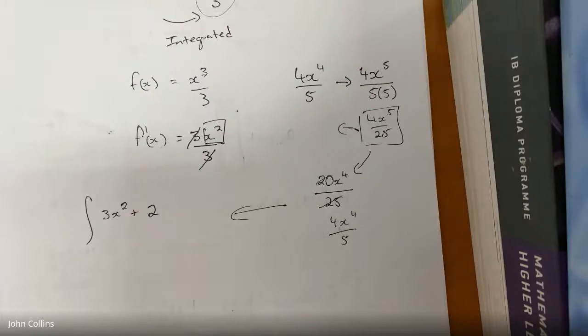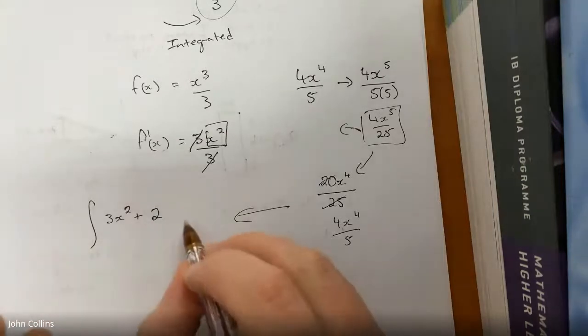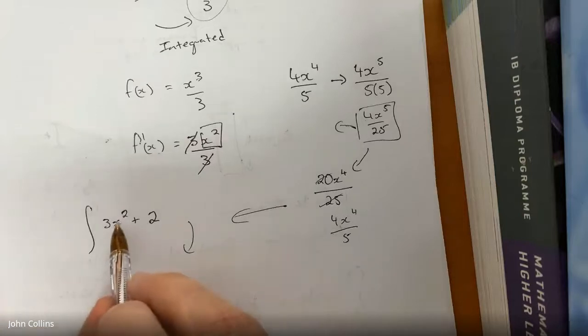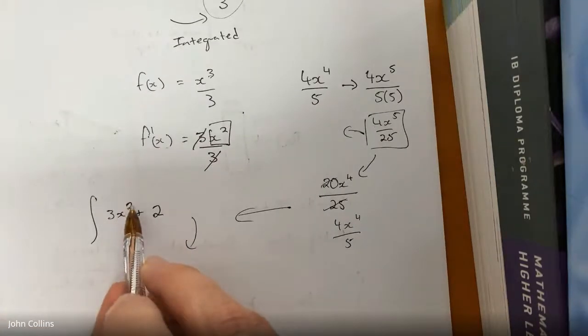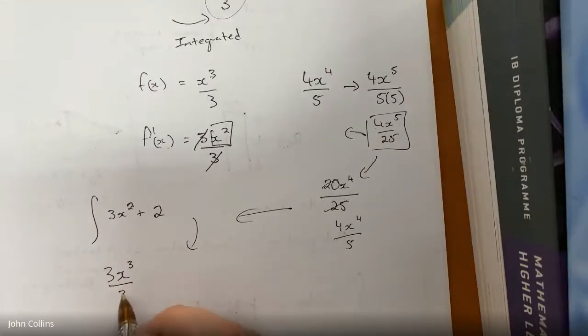Now this, yeah, let's anti-differentiate this because technically it's not fully correct unless you put in something at the end. But anyway, if I want to anti-differentiate or integrate this, I need to look at this first term. Add 1 to the power, so it's x cubed. So it's 3x cubed now. And then divide down by the new power. Divide by 3.